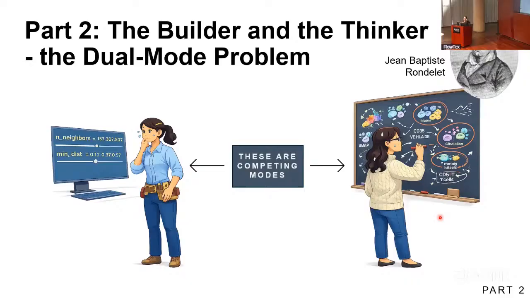This is not a new concept. It's actually also known in architecture. This guy in the corner, Jean-Baptiste Rondelet, 100 years ago came up with this concept. They had the same problem in architecture, where they had all these architects designing blueprints, handing them to the engineer, who would say, this cannot possibly be built. This doesn't work. And so he always argued that an architect must both be a builder and a thinker.